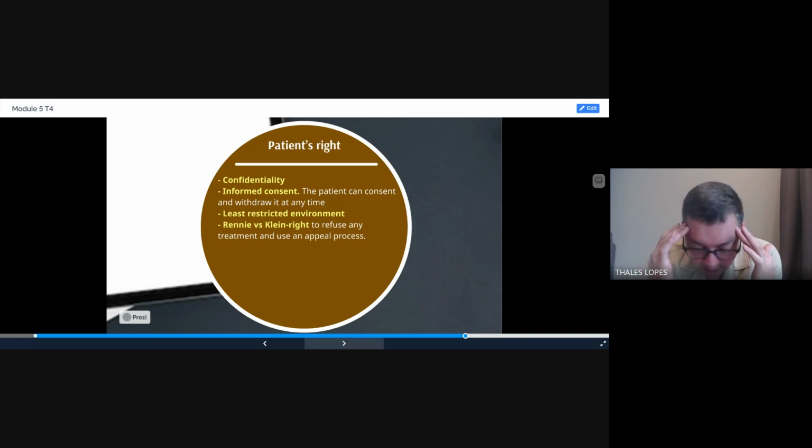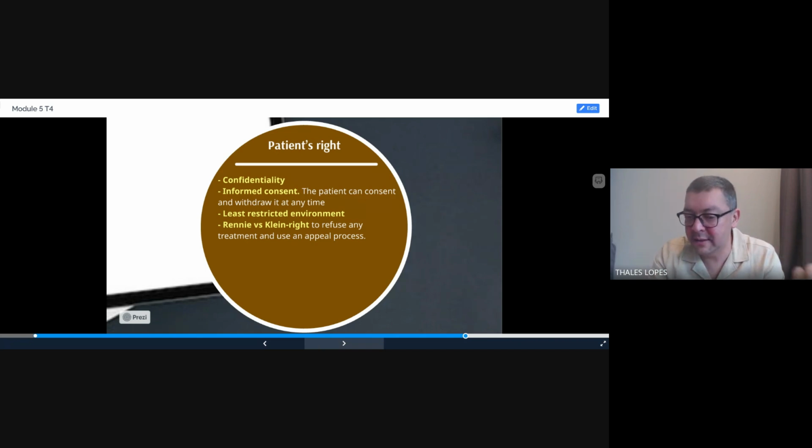So in your mind, when you hear what are the patient's rights, number 3 should come up and you should say confidentiality, informed consent, and least restrictive environment. Did I say privacy? No, because confidentiality is different than privacy. And we're going to tweak that a little bit to make it more confusing and then clear to you. Patient has the right to confidentiality. Patient does not have a right to privacy.